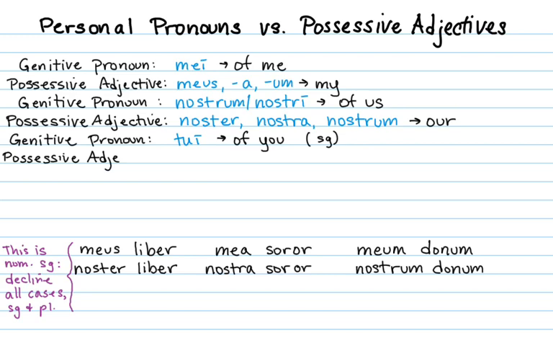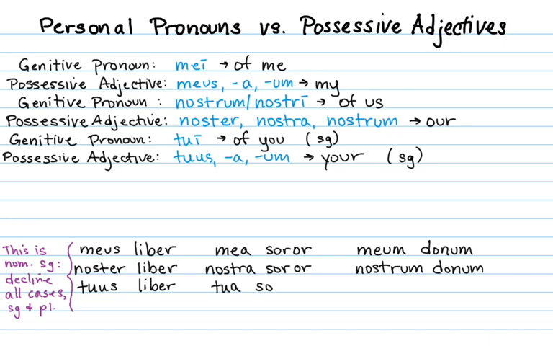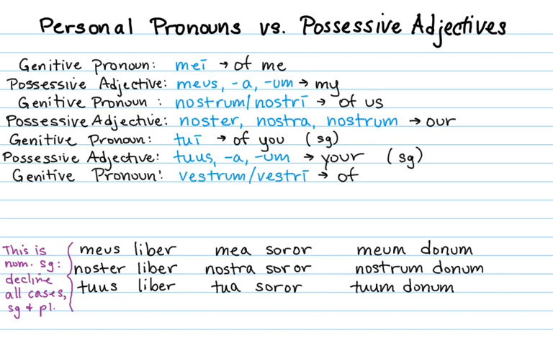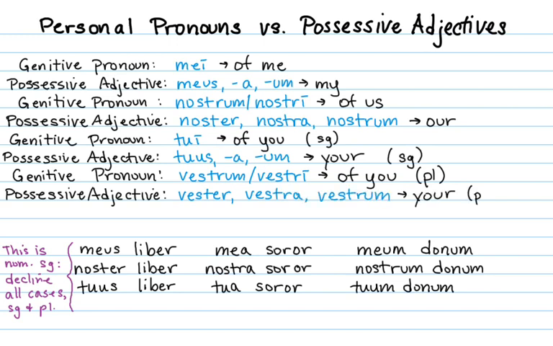Instead, the Romans preferred to use the possessive adjective tuus, tua, tuum, your. So, tuus liber, your book, tua soror, your sister, tuum donum, your gift.